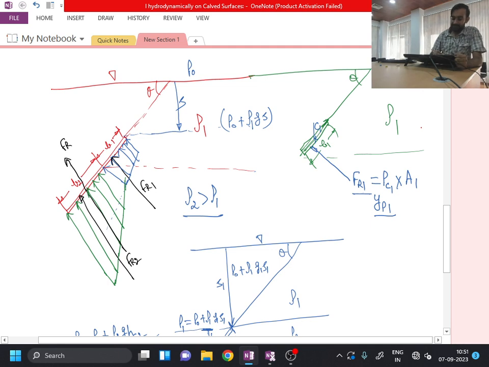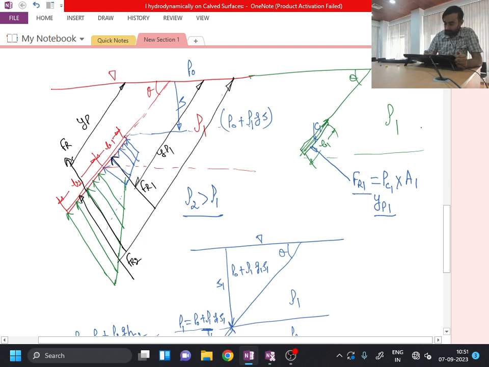Okay, so if the distance from this point to Fr is Yp, from Fr1 the distance is Yp1, and from Fr2 the distance is Yp2.